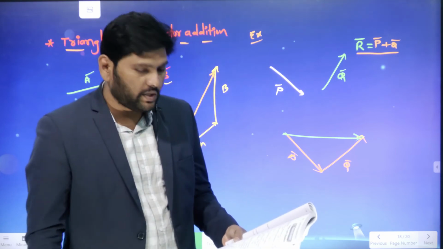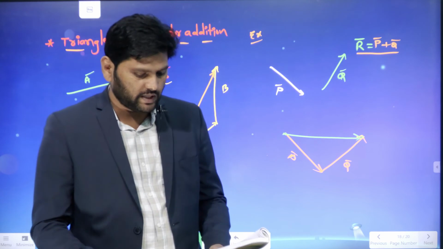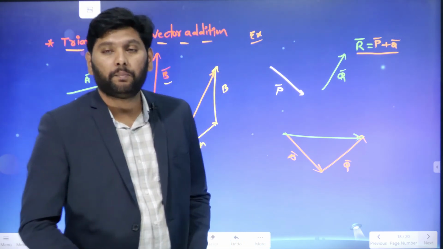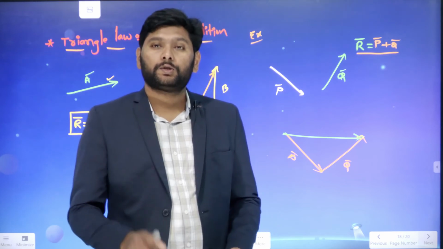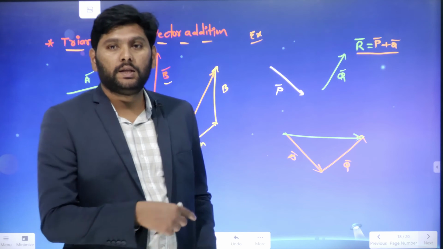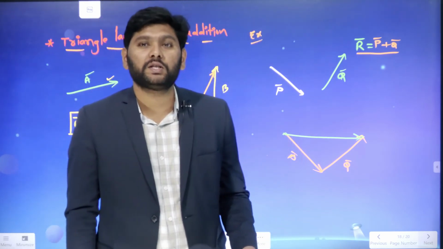Now open page number 35. You can take your material here. Open page number 35 because we don't have sufficient time to explain the parallelogram law of vector addition. So we'll do some problems related to these topics. Now open page number 35 from your material.